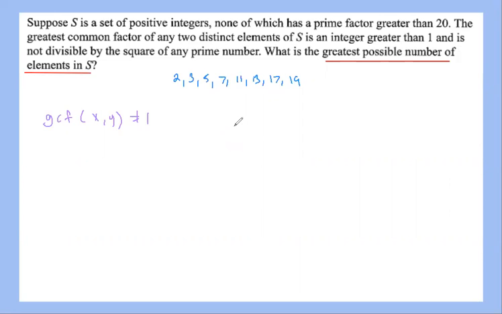When I take 2, 3, 5 all the way to 19, that's all the numbers. Maybe I should have written it as a product. So let's take 2, 3, 5, 7, all the way to 19, this huge product, and let's say 2, 3, 5, 7, all the way to 17.